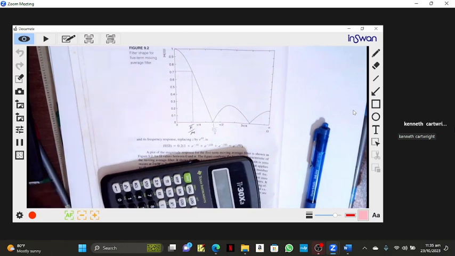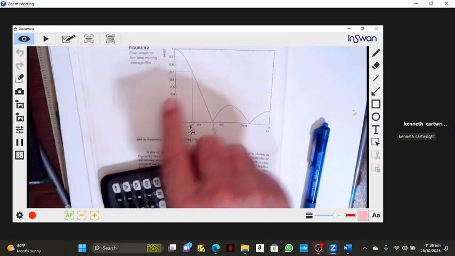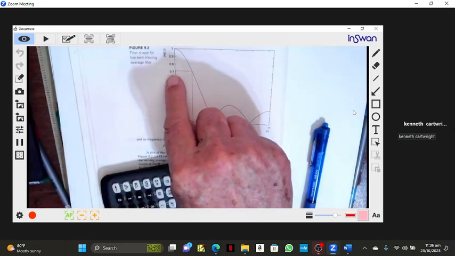The cutoff frequency is the frequency at which the magnitude is 70% of its maximum value, or the frequency at which you're down by 3 dB. Since we don't have a dB scale on the y-axis, we have an absolute scale, so we look for the 70%. That's 0.7.